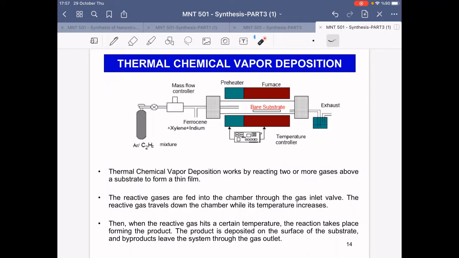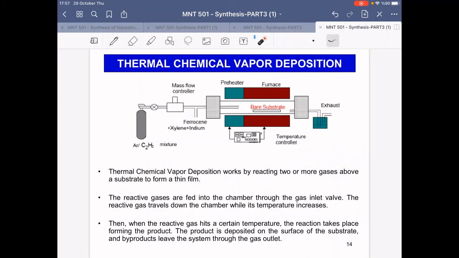Thermal CVD works by reacting two or more gases above a substrate to form a thin film. And don't forget, you can have catalysts on your substrate, which push this reaction to occur in a certain way, for you to be able to obtain, for example, single wall nanotubes or multi-wall nanotubes.